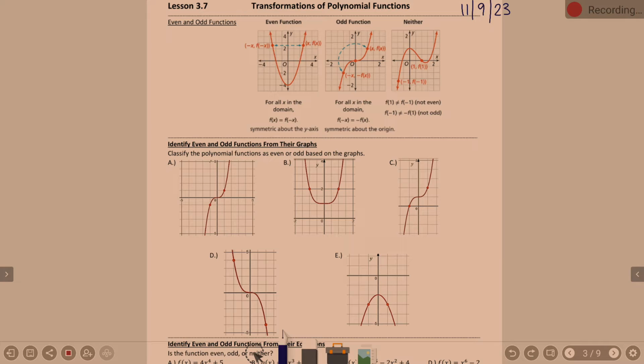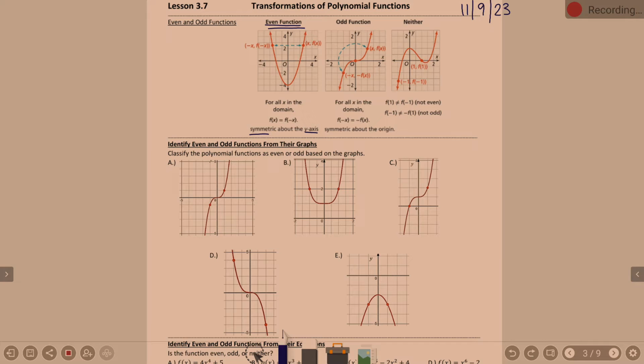This is one of those things at the bottom of your pink paper there. With even and odd functions, there's two ways you can think about this. With even functions, the easiest thing is to look at the fact that it is symmetric about the y-axis, meaning there's vertical symmetry, specifically focused on the y-axis.